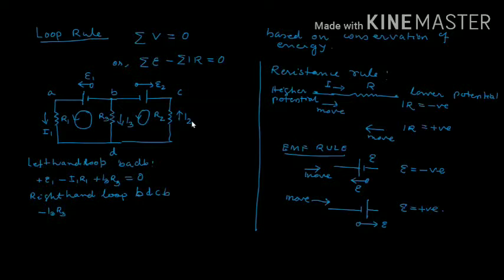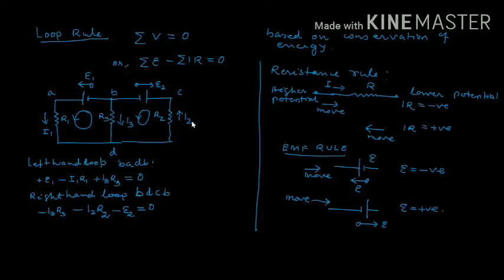Then we go D to C in the direction of current I2 through the resistor R2. So I2 into R2 is negative. So minus I2 into R2. Then we move C to B. We move opposite to the EMF arrow. That is why E2 is taken as negative. So minus E2 is equal to 0.